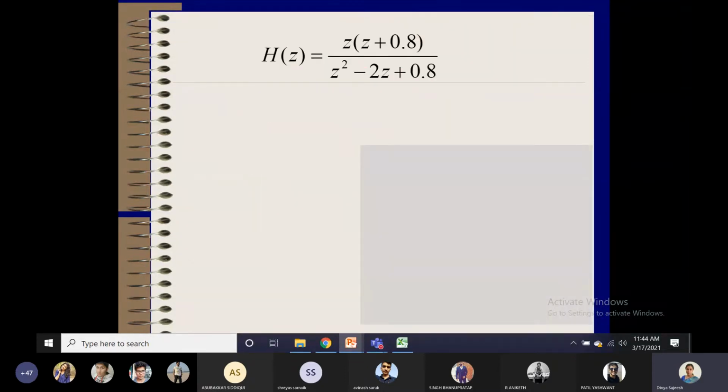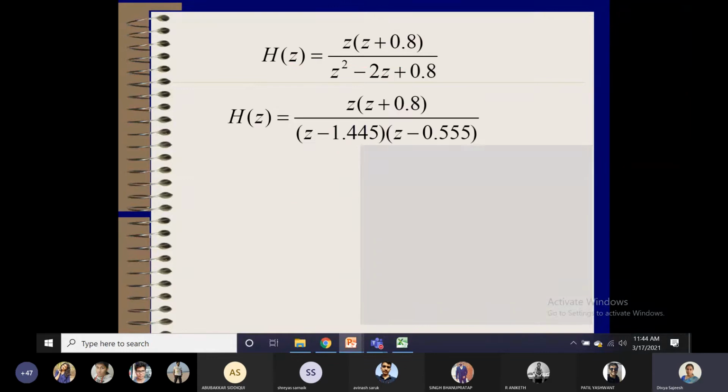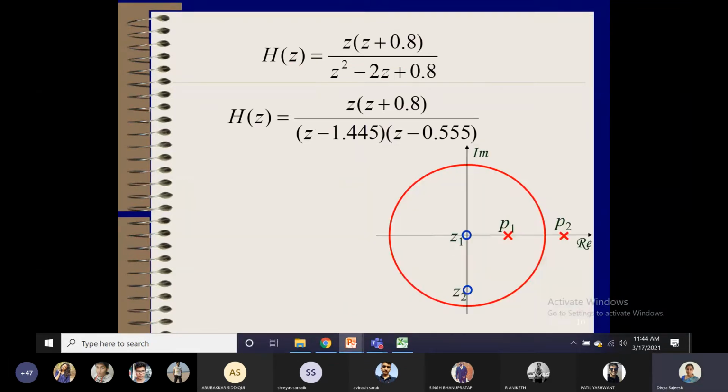Now you need to plot the poles and zeros. So let us factorize the numerator and denominator. Numerator will give you the information on the zeros, and the denominator will give you the information of the poles.